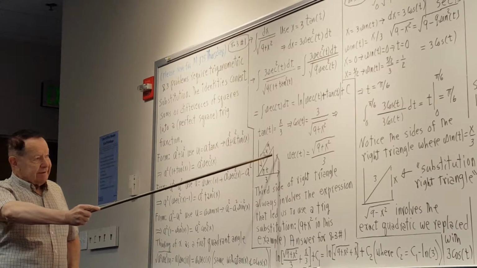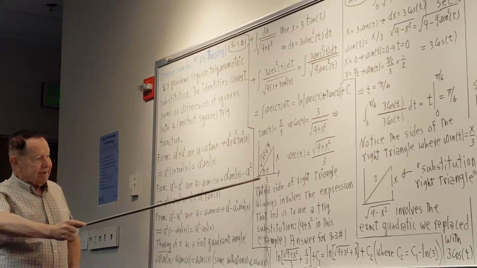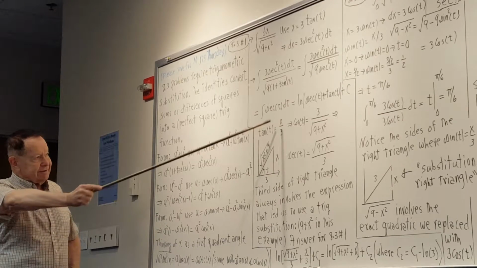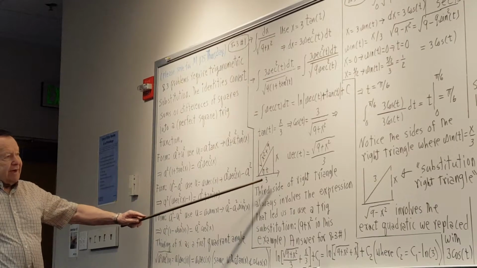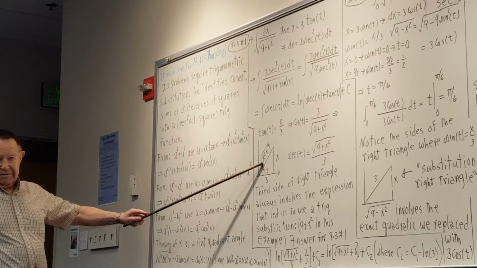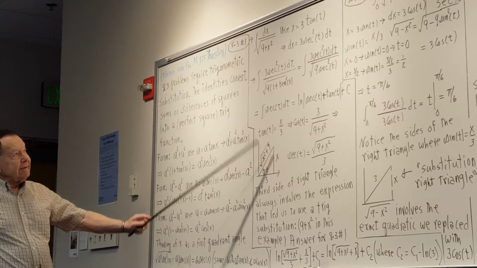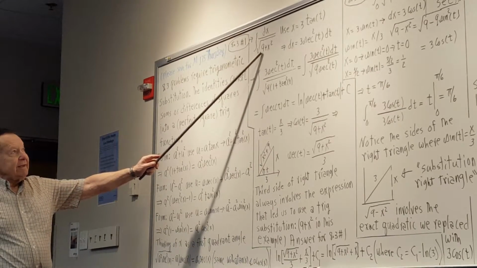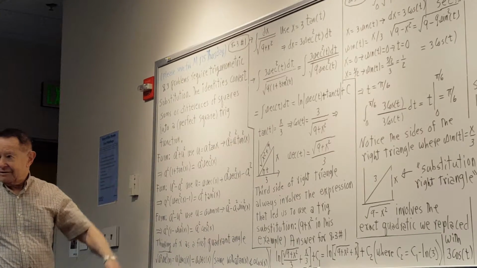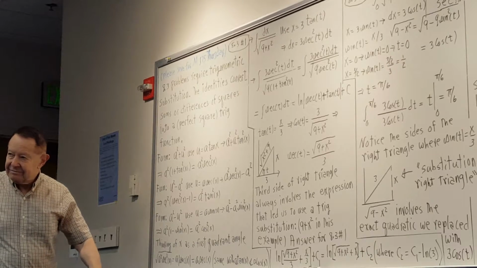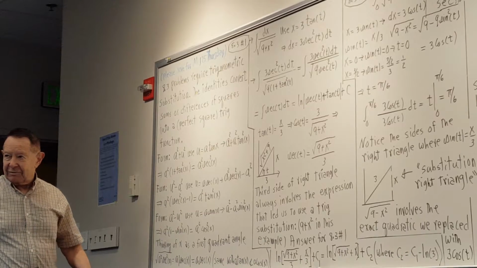So then that means if x is here and 3 is here, your tangent of t is x over 3. Then you use the law of Pythagoras to get the third side, and you notice that the third side of your triangle is exactly the two-term expression that you did all this trickery to deal with. That's always the case in these problems.